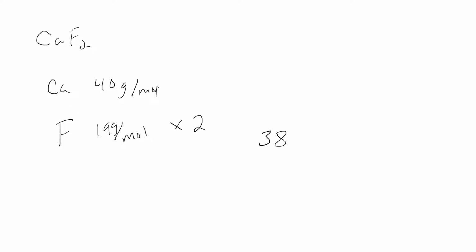Calcium is 40 grams per mole, like we saw earlier, and fluorine is 19 grams per mole. Since this is times 2, 19 times 2 gives us 38. This is representing fluorine.